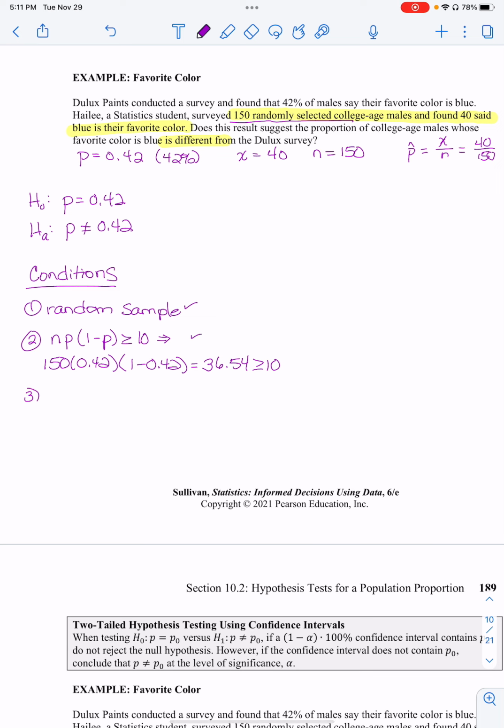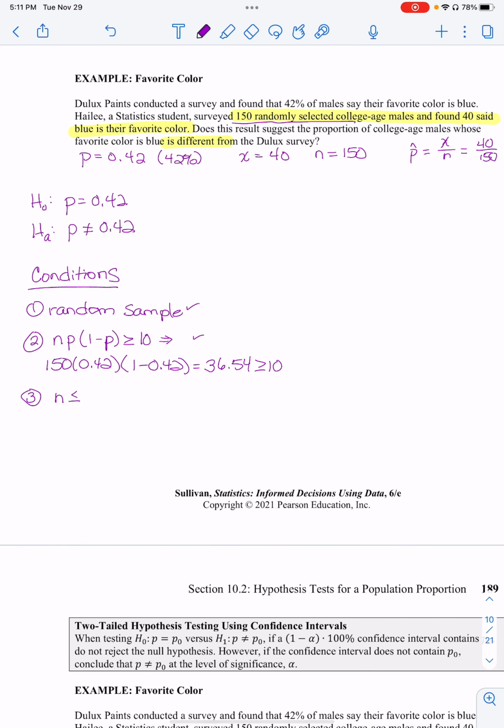Number three is that we check for independence, and we do that by making sure our sample size is less than or equal to 0.05 times our total population. Here, 150 is less than or equal to 0.05 times our total population.